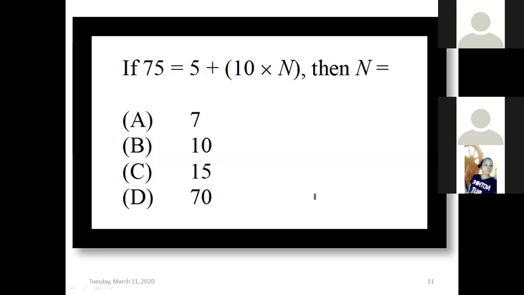All right. So this is pretty straightforward. Any takers?